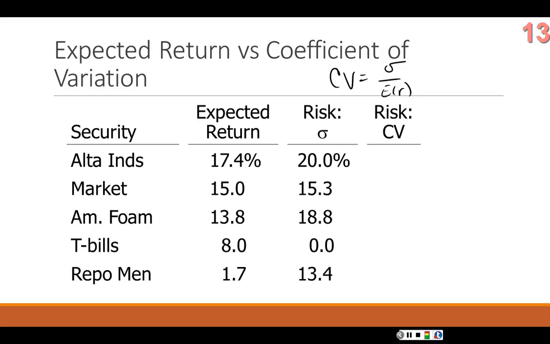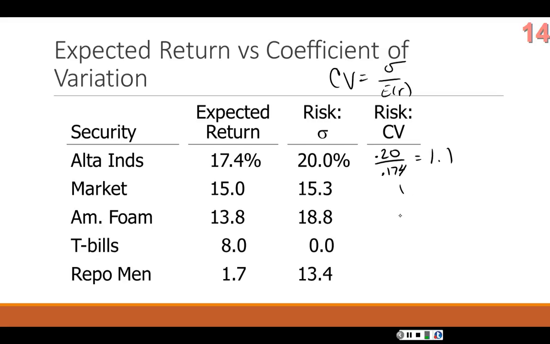So if we were to calculate the coefficient of variation for Alta, 20% divided by 17.4% gives us 1.1. So we can do this for each of them. For the market, it's 15.3 divided by 15. So that's 1.